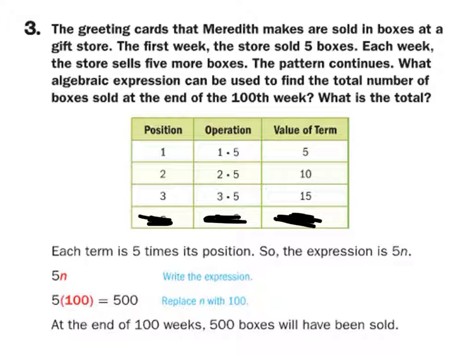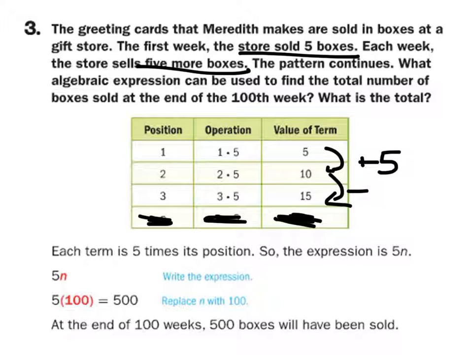All right, just real quick in this example, we can kind of ignore this bottom column. But if we look at this, we can see the first week they sold 5 boxes, and then they're going to sell 5 more each time. So you just take 5, and then you'll add the 5 to get the 10. You'll add another 5 to get the 15, and you'd go forever and ever, okay? So what would be the expression for this problem?